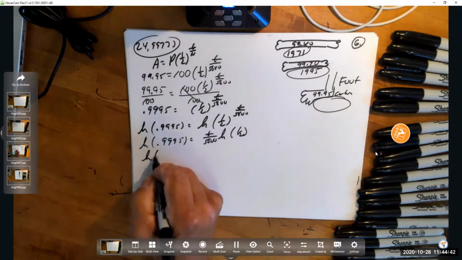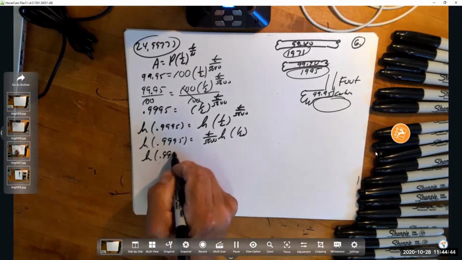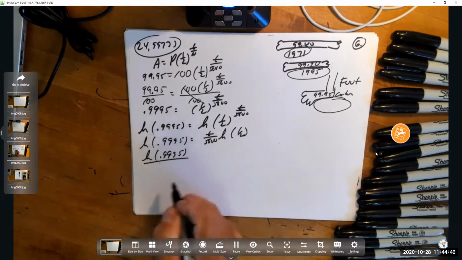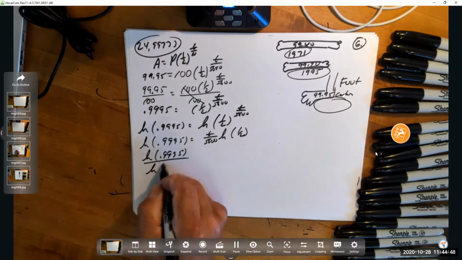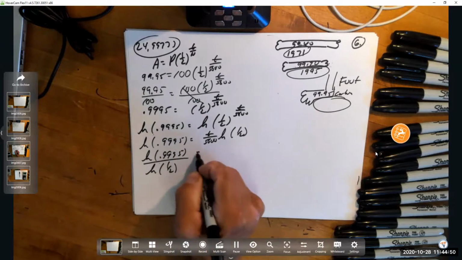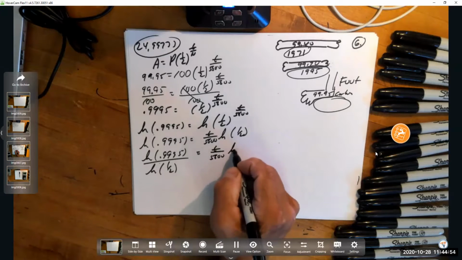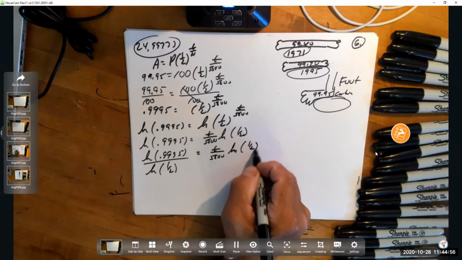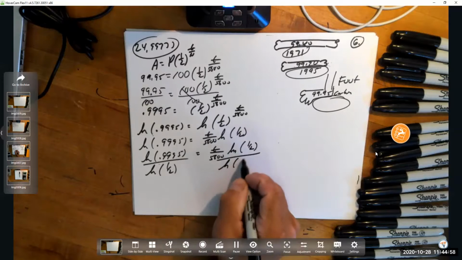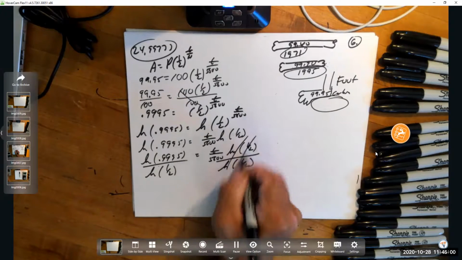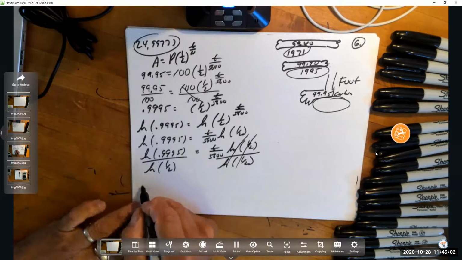So now I'm going to divide both sides again by ln of 1/2. I know these are gone. So I have this number.